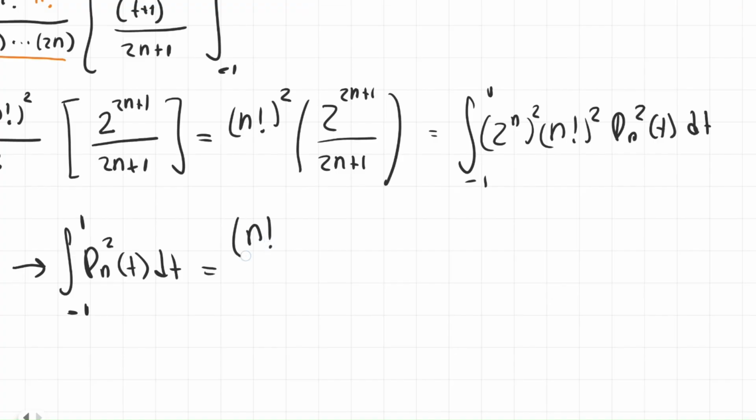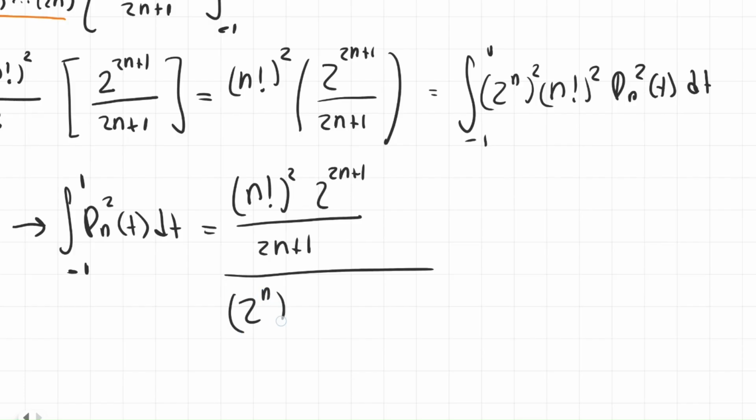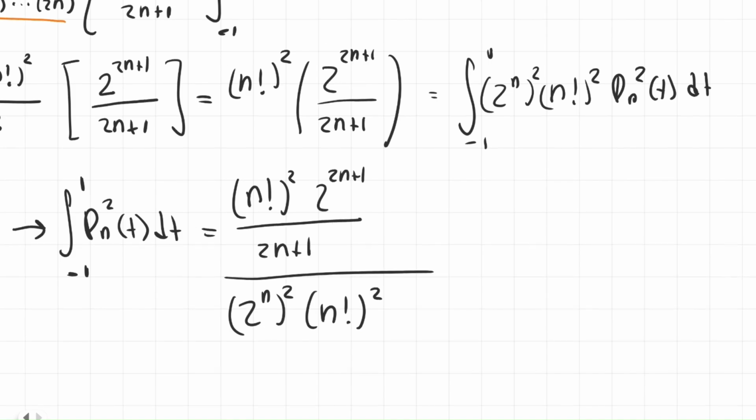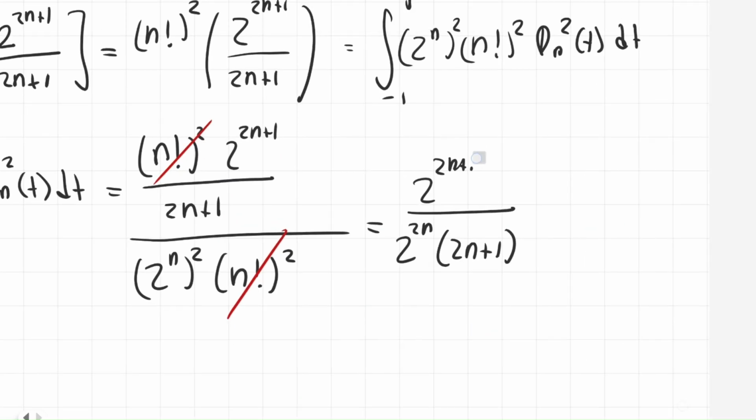It will be n factorial squared 2 to the 2n plus 1 divided by 2n plus 1, and then this is divided by 2 to the n squared n factorial squared. Okay, so we can cancel this n factorial squared over here to get that this is 2 to the 2n plus 1 divided by 2 to the 2n times 2n plus 1. Okay, but we can see this as a 2 to the 2n times 2.